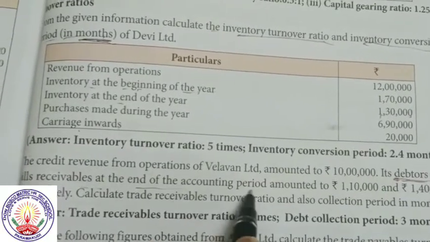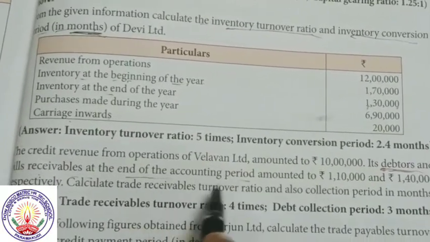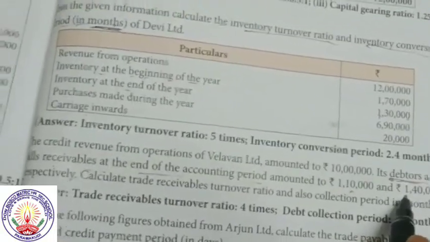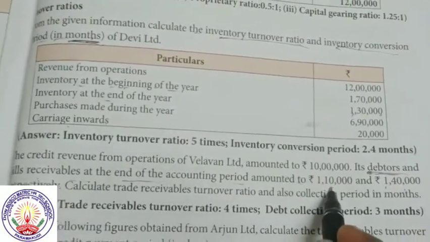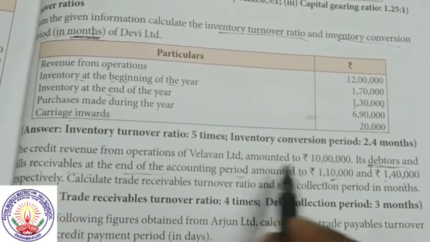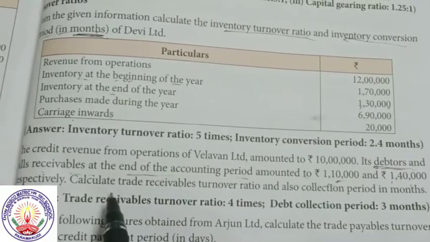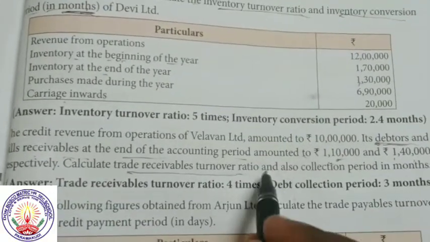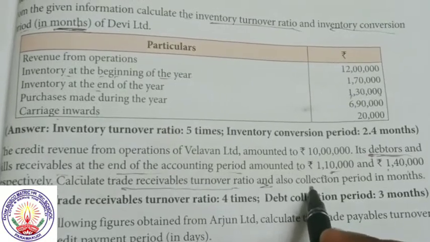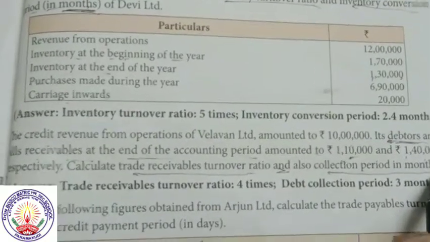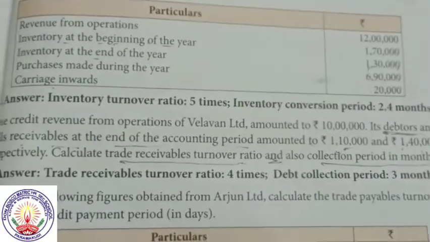At the end of the accounting period, end means closing, rupees 1,10,000 and 1,40,000, first for debtors, second for bills receivable respectively. Calculate trade receivable turnover ratio, first question, and also calculate the period in month. Month means 12 months. Two questions are available.